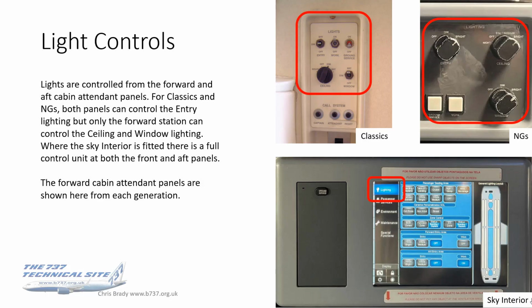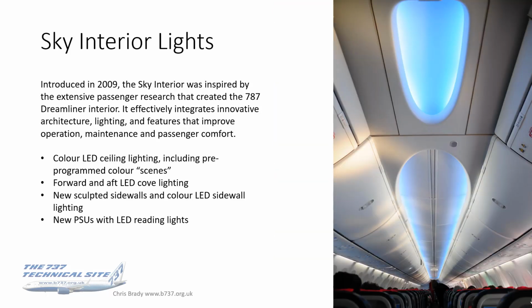The forward cabin attendant panels I've shown here for each generation, and the Sky Interior lights are shown here. These were introduced in 2009, and according to Boeing, it was inspired by the extensive passenger research that created the 787 Dreamliner interior.